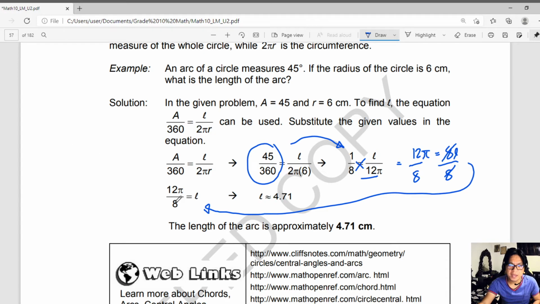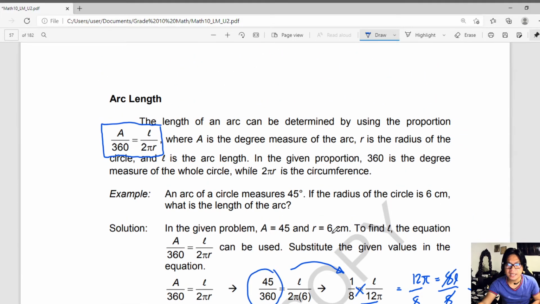So 12 pi over 8 is equal to the arc length, which is approximately 4.71. We use the symbol approximately, not equal, because we rounded off. So the length of the arc is approximately 4.71 centimeters.